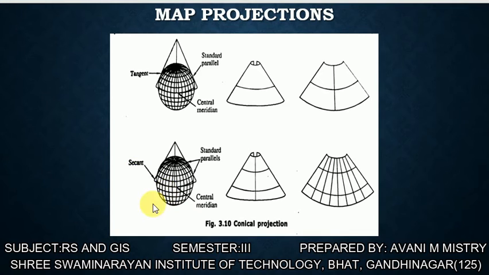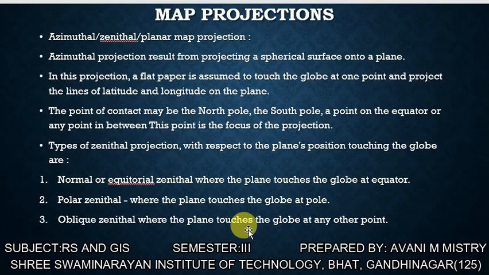Okay. Again standard parallels, meridians, and standard parallel, tangent, etc. Now the zenithal or planar map projections. Azimuthal projections result from projecting a spherical surface onto a plane.